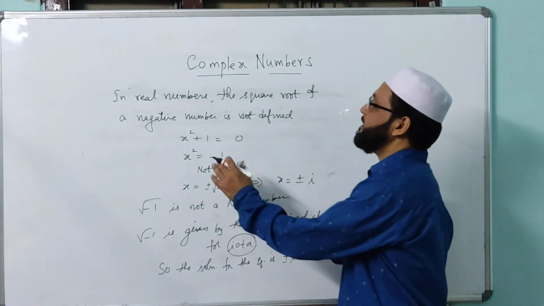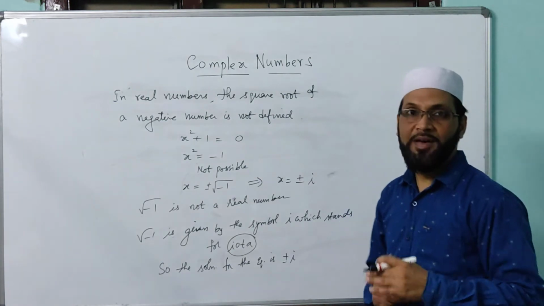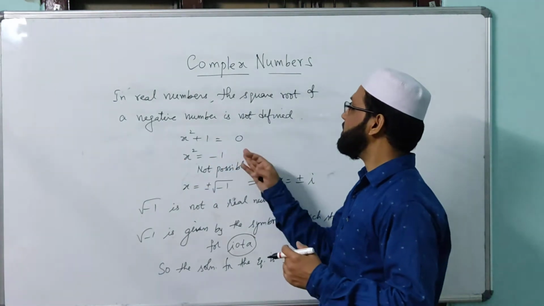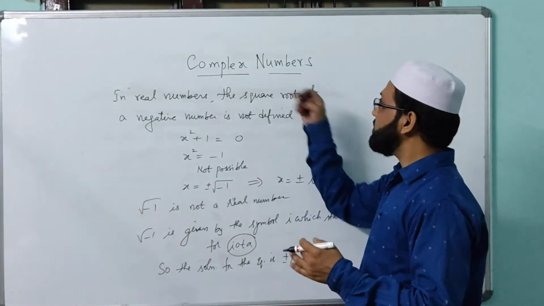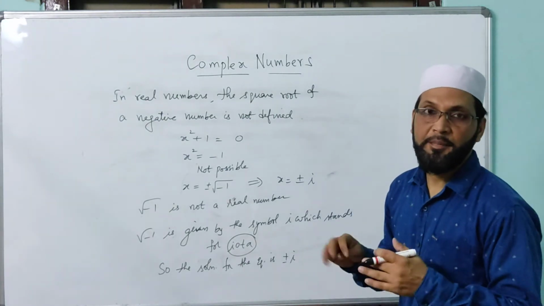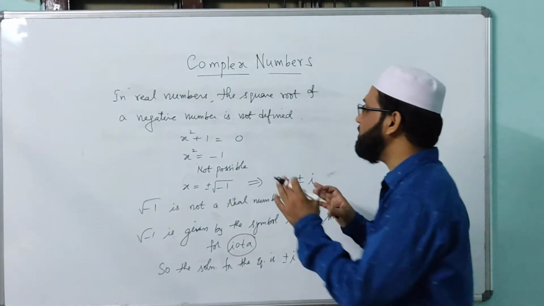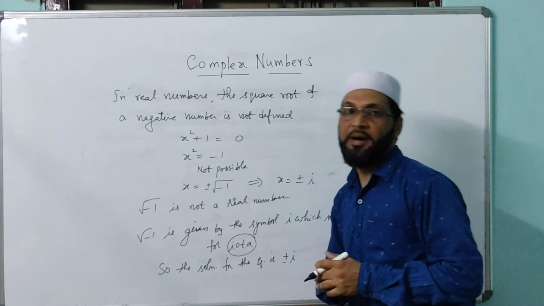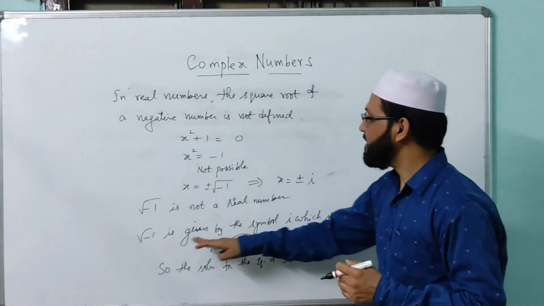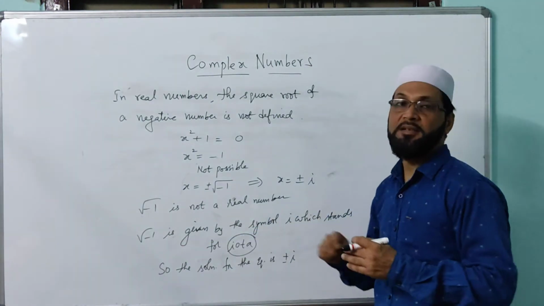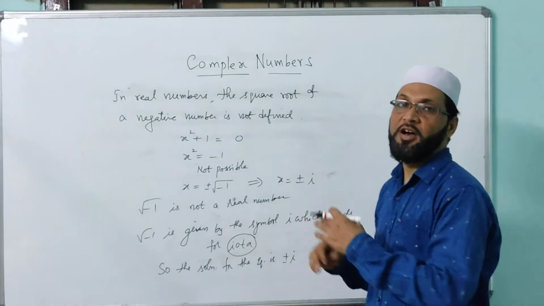So to study equations of this form where the square of any number is negative, this concept of complex numbers has come into existence. Root minus 1 is given as an imaginary value denoted by the symbol I, which stands for iota.